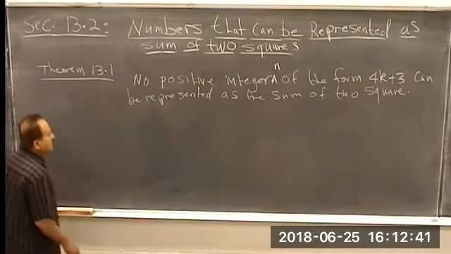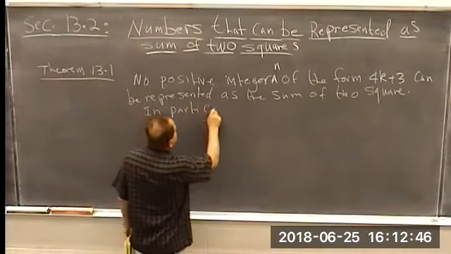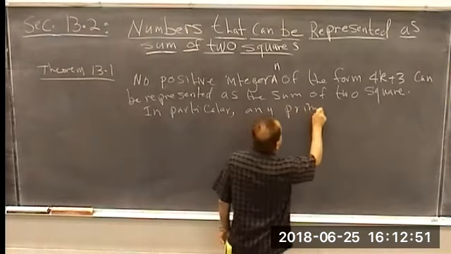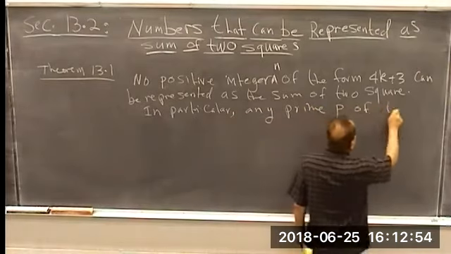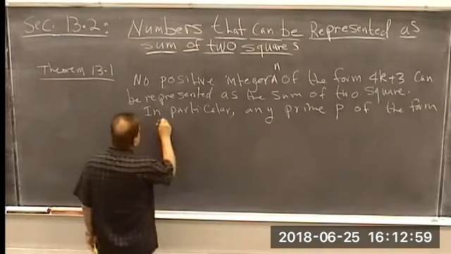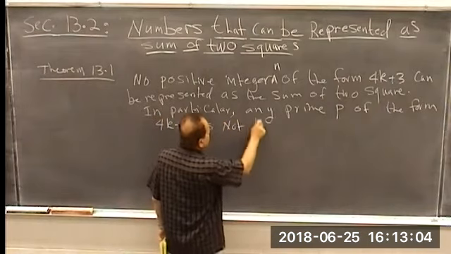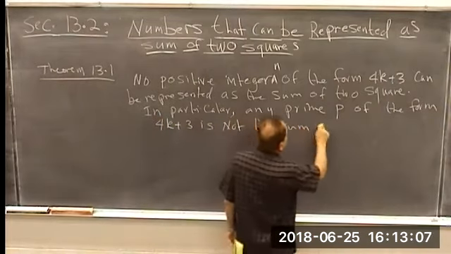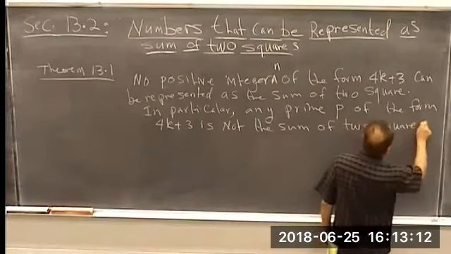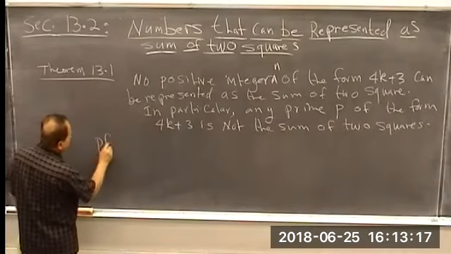So in particular, of course, any prime p of this form, 4k plus 3, is not the sum of two squares. All right, the proof of this is very straightforward.